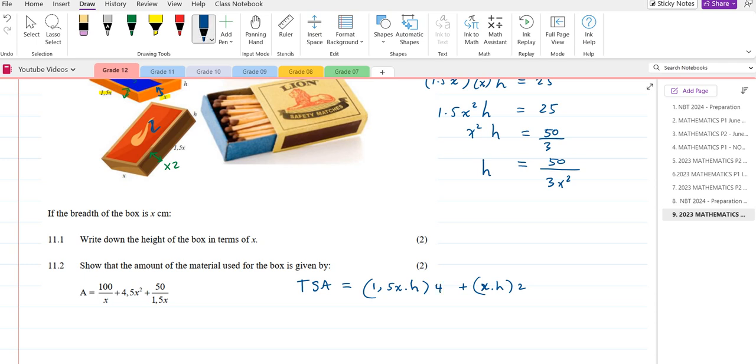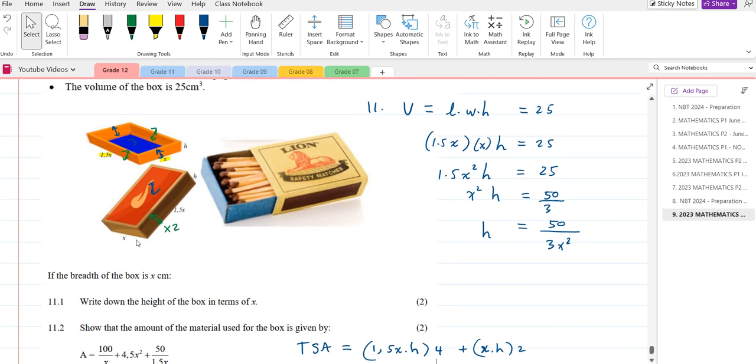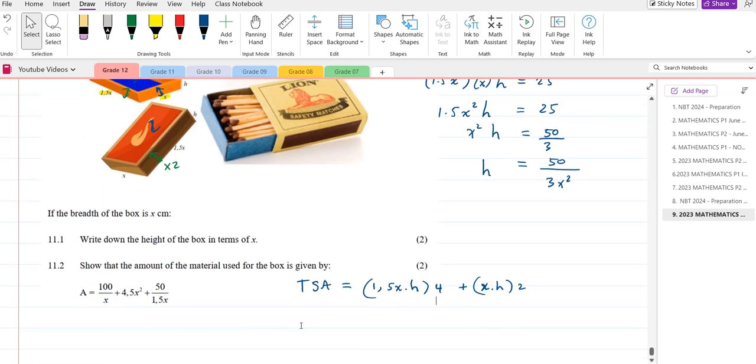Let's not put a times there, it looks like an x. And we got three faces here, which is x times 1.5x times 3. Let's put this in brackets, x times 1.5x times 3.